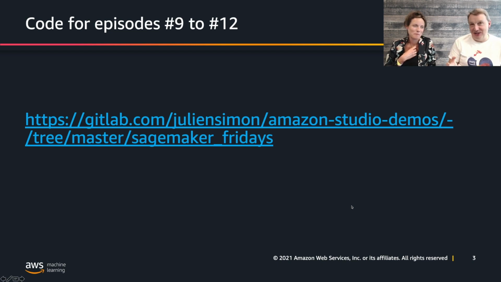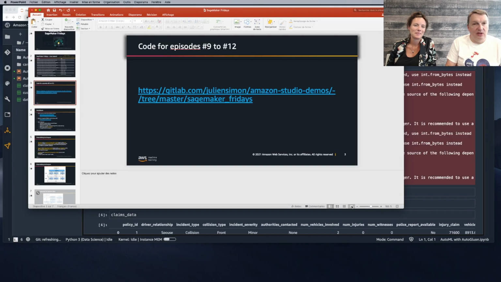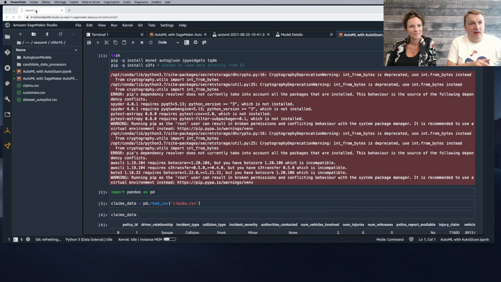We're just changing the data set, but the rest of the code is really the same. And we'll spend more time on AutoGluon and ensembling and discussing those cool techniques. So let's take a look at Autopilot first, really quickly, and our data set.